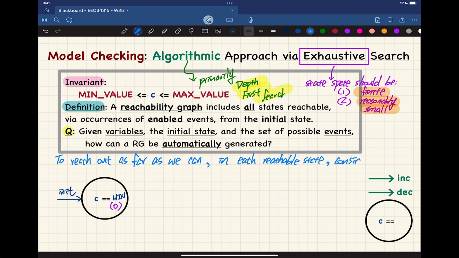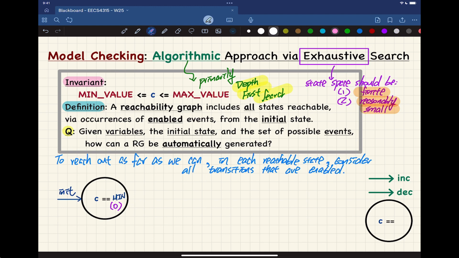Consider all the transitions or all the events that are enabled. All right, so that's really the principle here.